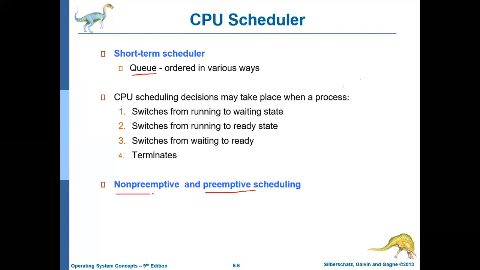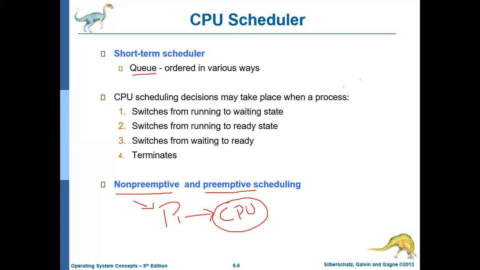Whereas in non-preemptive scheduling, once a particular process, say P1, is allocated to the CPU, then the CPU cannot be taken away from this process. How long can it not be taken away?